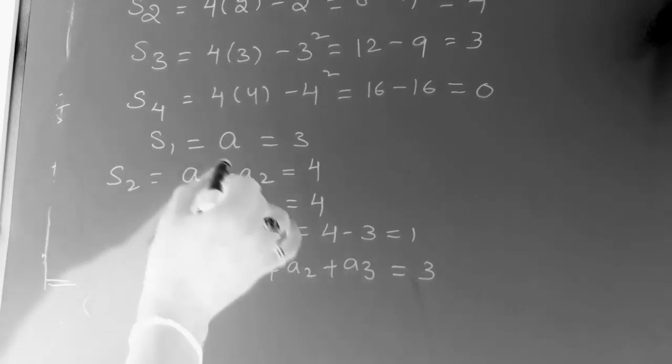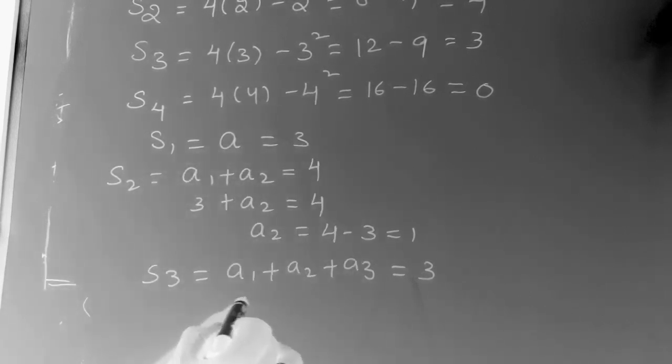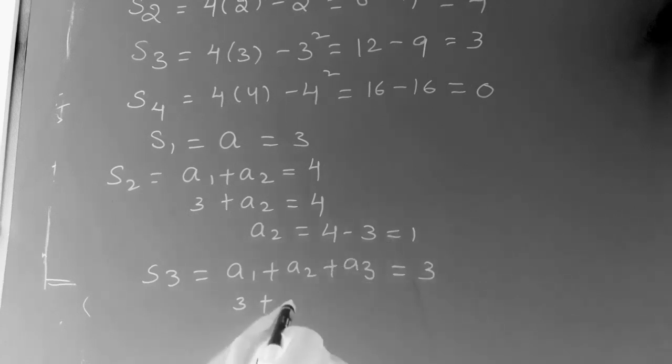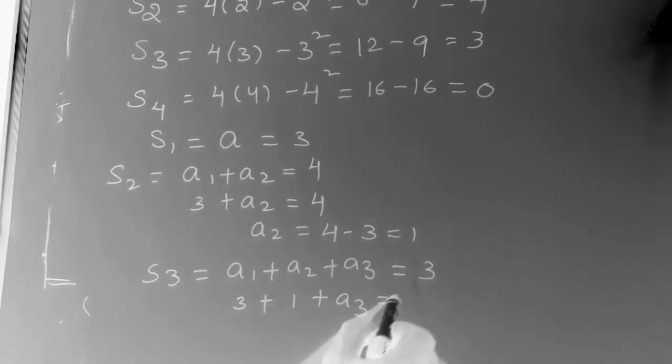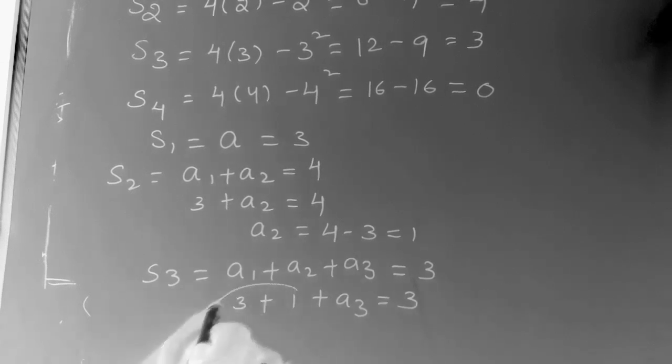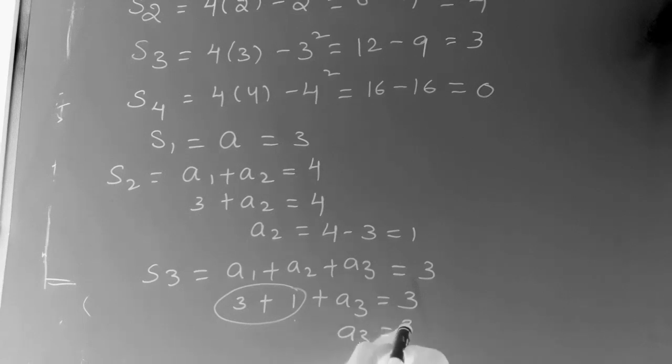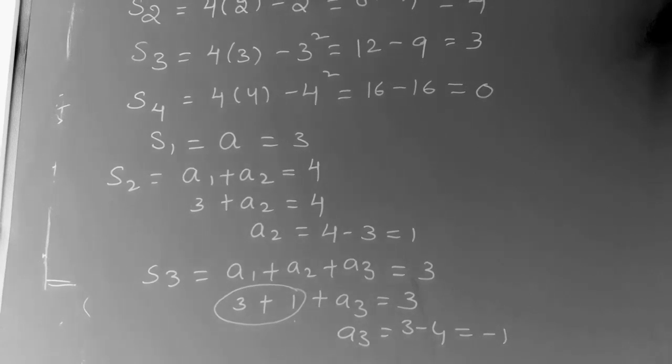We know that A1 is 3, A2 is 1. So we need A3. 3 plus 1 is 4. If you send that 4 to the right side, it becomes 3 minus 4, that is equal to minus 1. Therefore the third term of the series is minus 1.